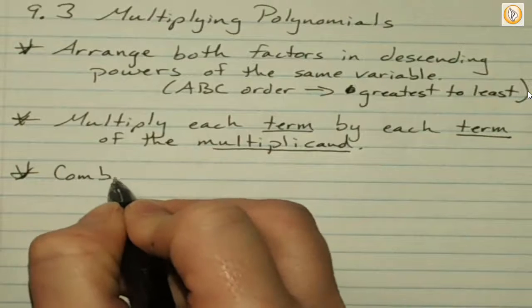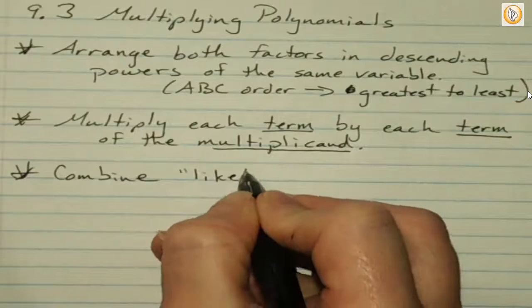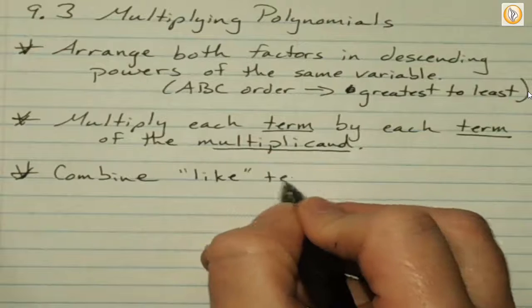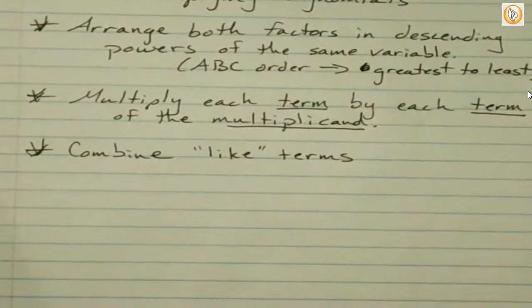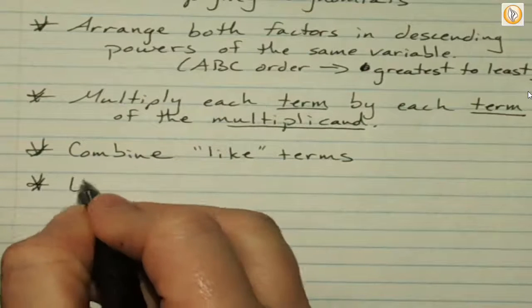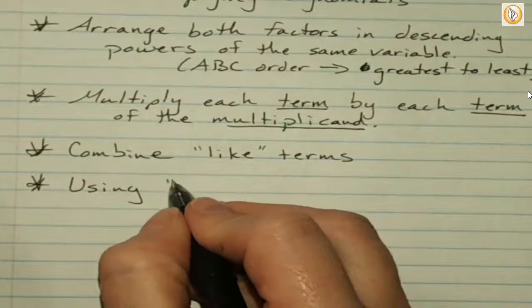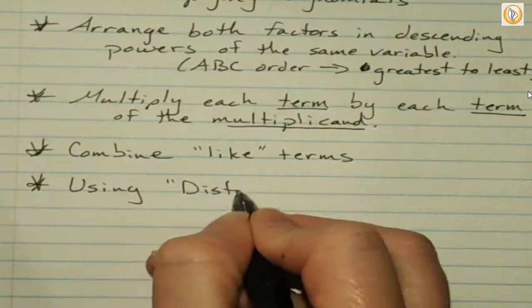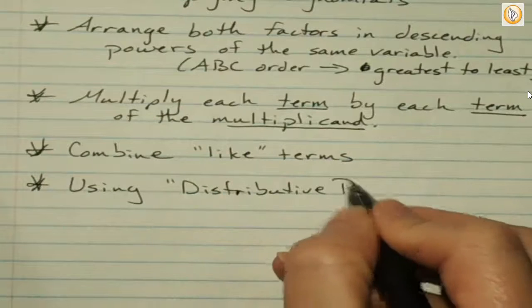Then you're going to combine like terms, which some of y'all had trouble with yesterday. And then you will be using the distributive property.